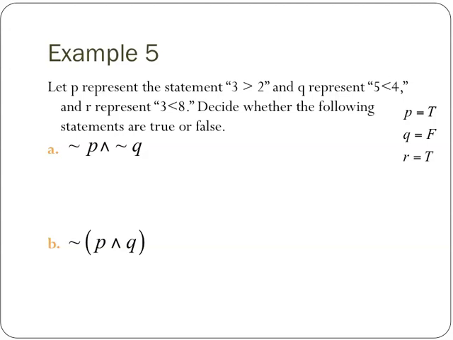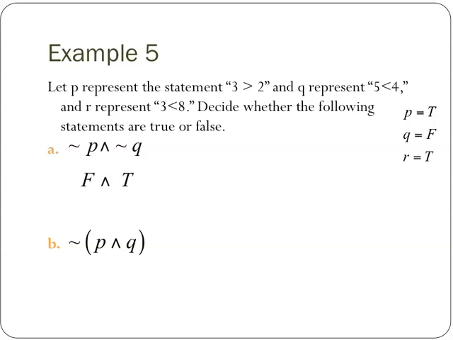For this first one, we see not P and not Q. P is true, so not P is false. Q is false, so not Q must be true. Now we have two statements connected by an "and."